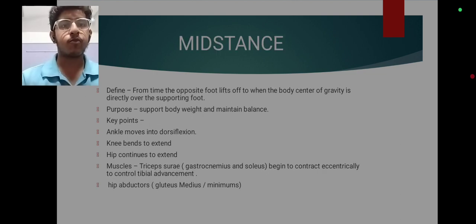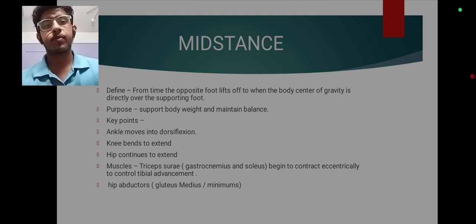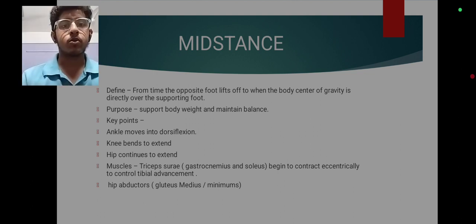The next subphase is the mid-stance. Mid-stance means from the time the opposite foot lifts off to when the body's center of gravity is directly over the supporting foot. The purpose is to support the body weight and maintain balance.